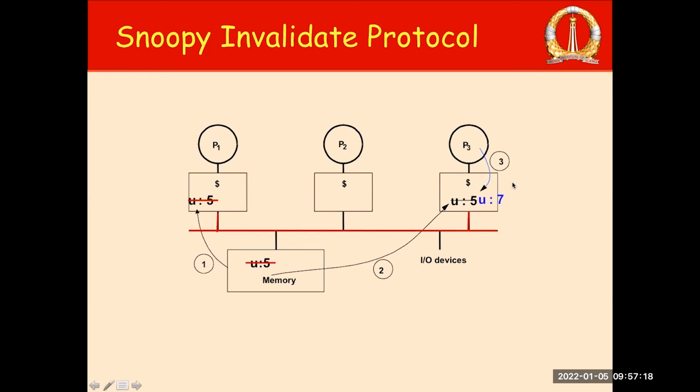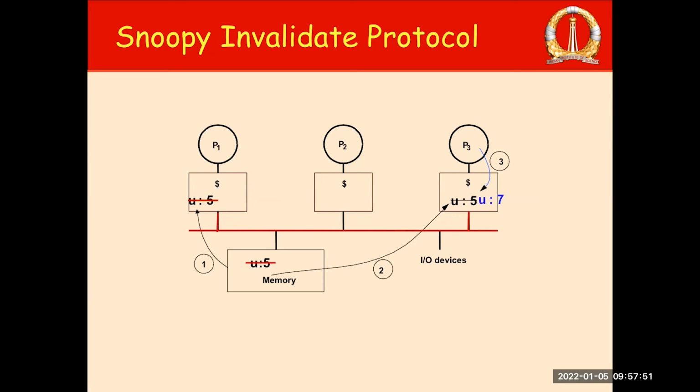So will the memory block. Both the memory and the cache will be invalidated, and they will send some kind of acknowledgement signal, or maybe there is an implicit acknowledgement, after which processor P3 can go ahead and modify the value of U.